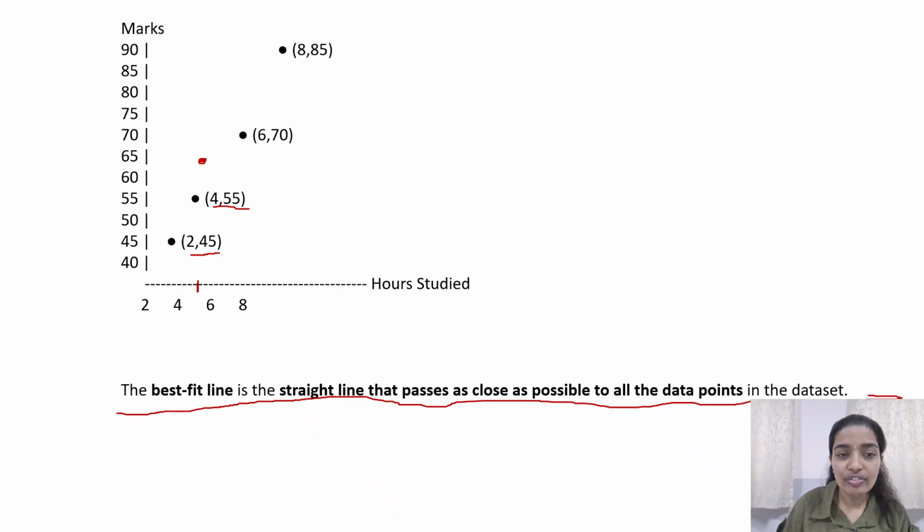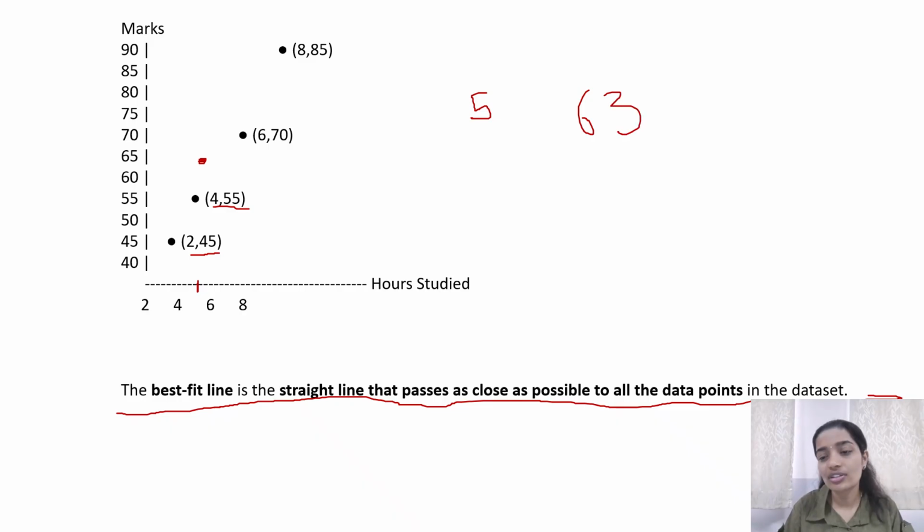This is 55 and this is 70, so the difference is 15. It will be somewhere around 62 or 63 marks. So we can say that when a student studies for 5 hours, he or she may score around 62 or 63 marks, let us say 63 marks. So this is how linear regression works.